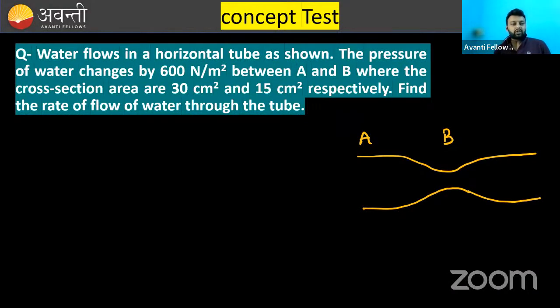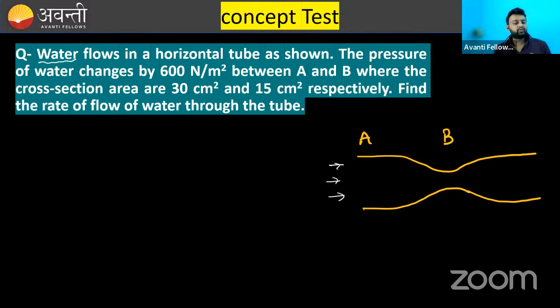The question says water flows in a horizontal tube as shown. This is a horizontal tube and water is flowing in this direction. Make sure they have mentioned water is flowing. The pressure of water changes by 600 Newton per meter square between A and B, where the cross section areas are 30 and 15 centimeters square.